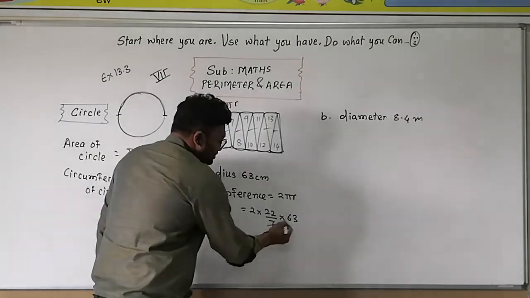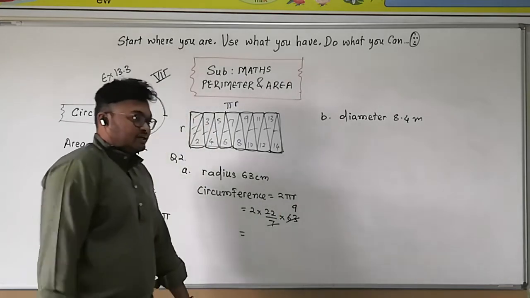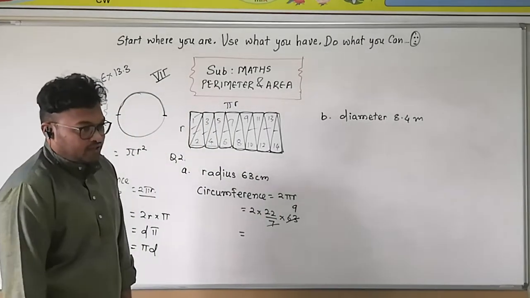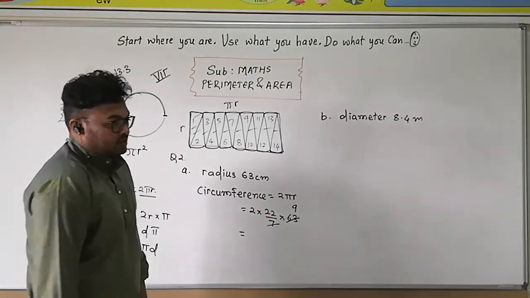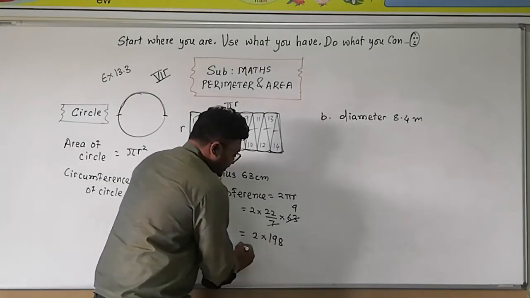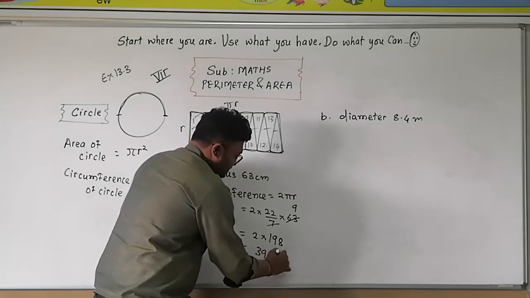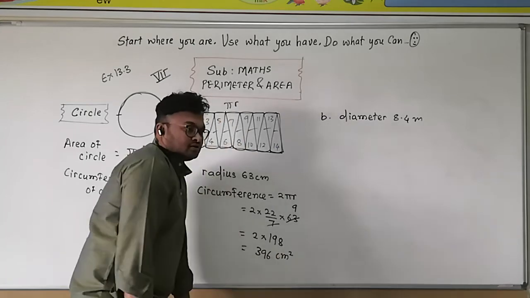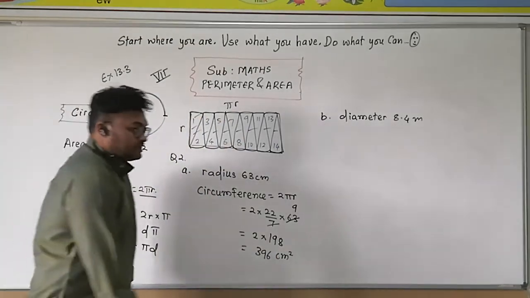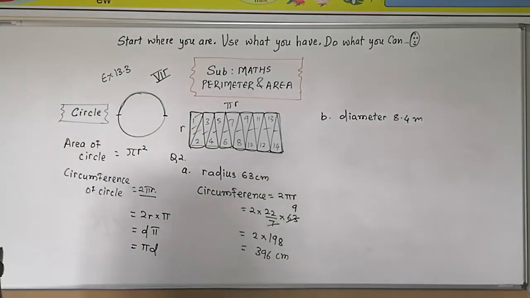So 7 nines are 63. 22 into 9 is 198, and 2 into 198 is 396. The unit is centimeter, not centimeter square, because we are calculating circumference, not area. So the circumference of the first circle is 396 centimeter.